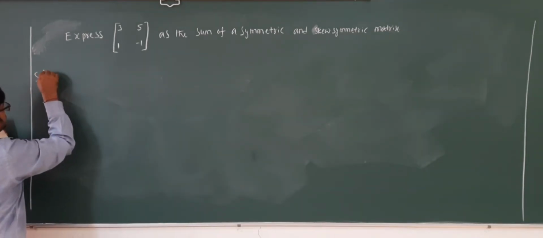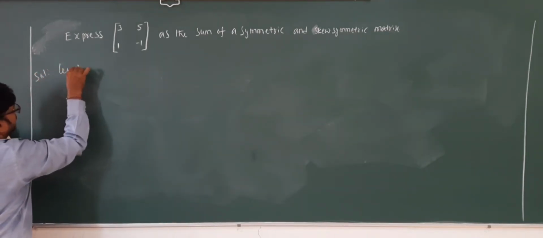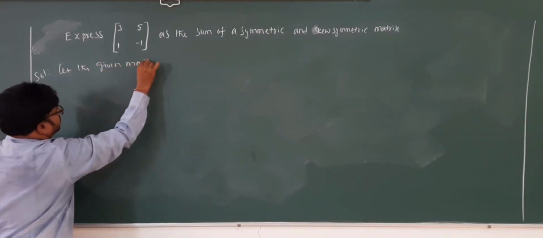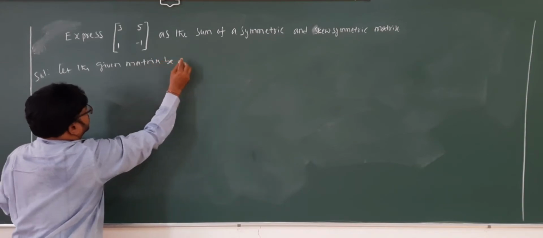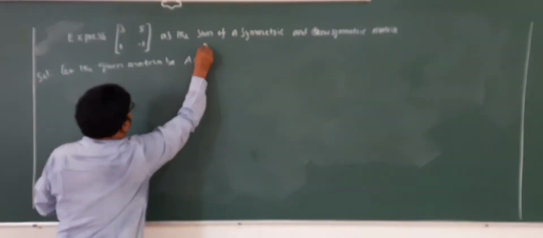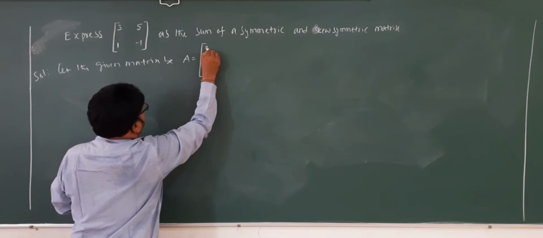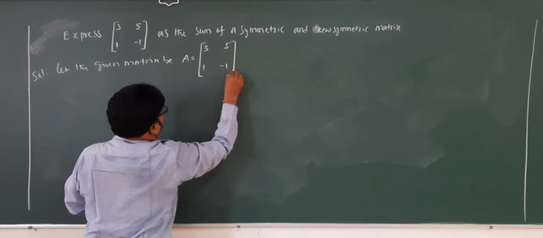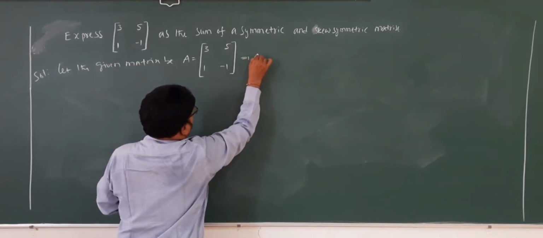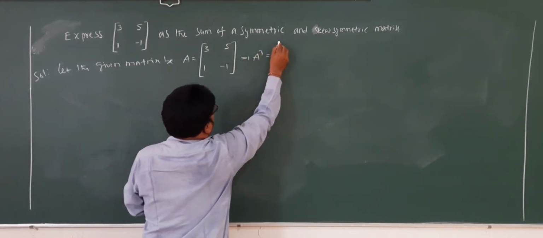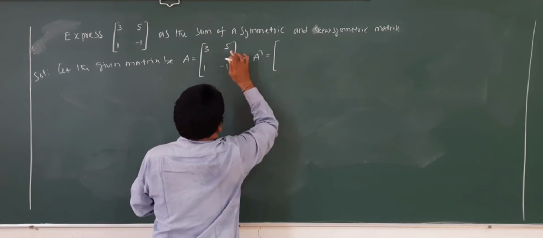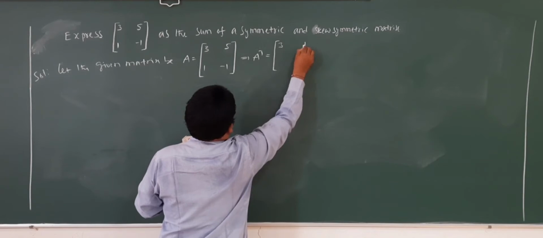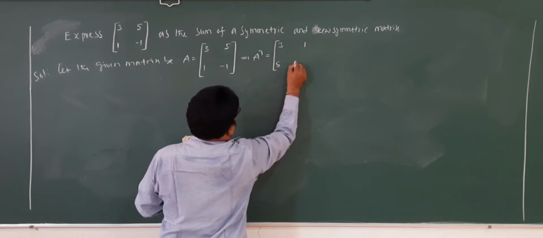Solution: let the given matrix be A equal to [3 5; 1 -1]. That implies A transpose is obtained by changing the rows and columns: [3 1; 5 -1].